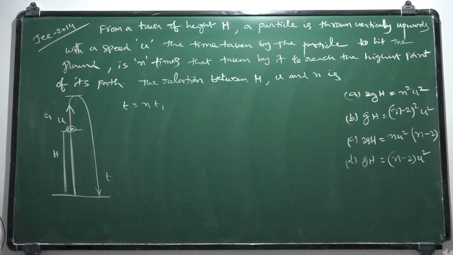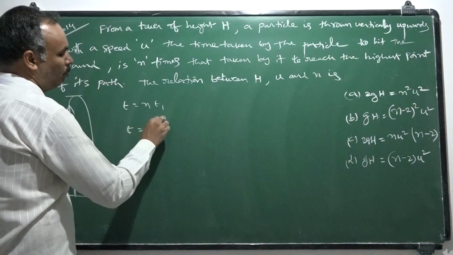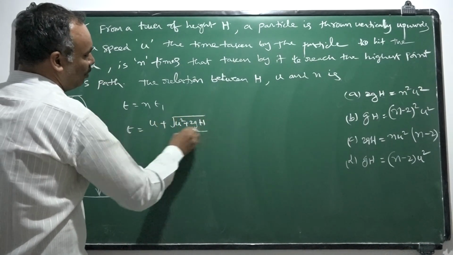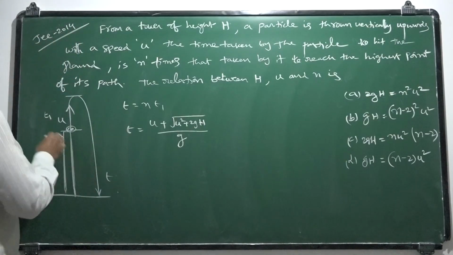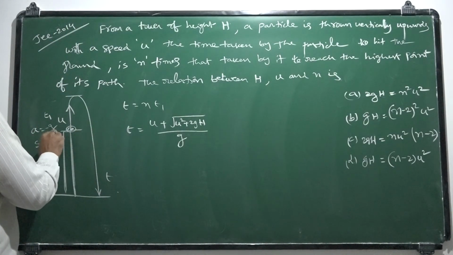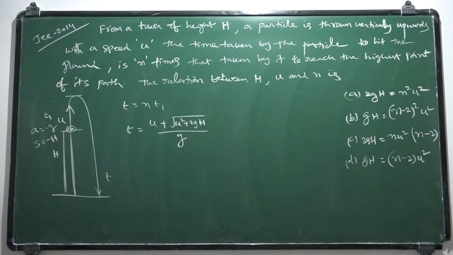This is the question. Already we derived the expression for t. So t is given by u plus square root of u square plus 2gh by g, by taking acceleration as minus g and displacement as minus h, and by substituting them in s is equal to ut plus half at square.